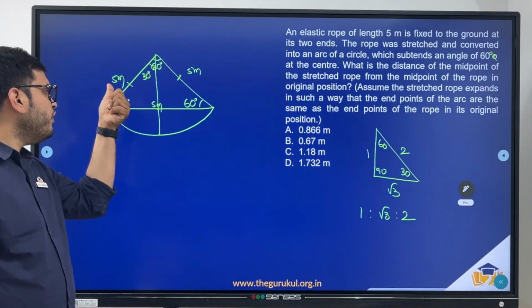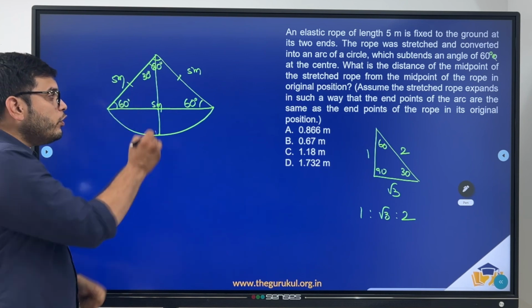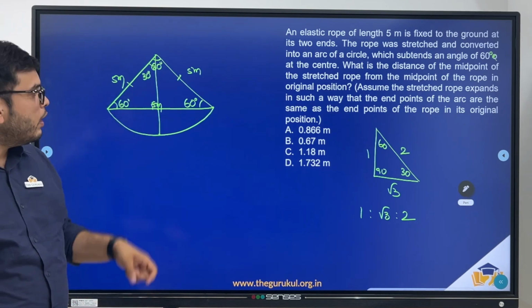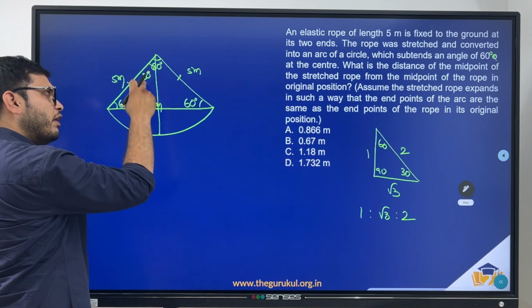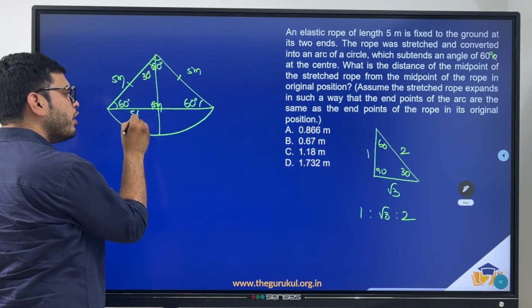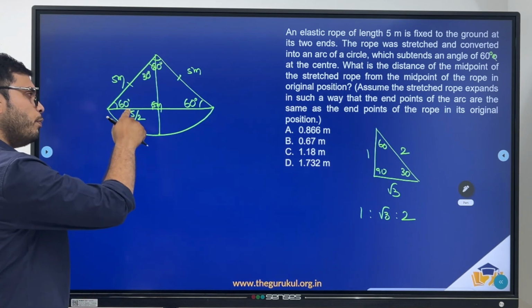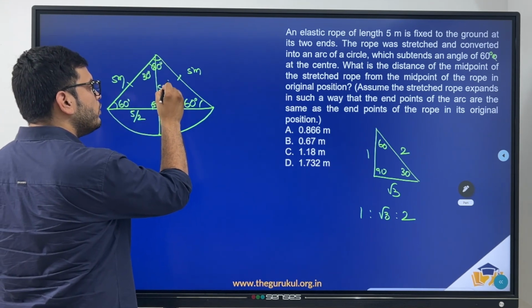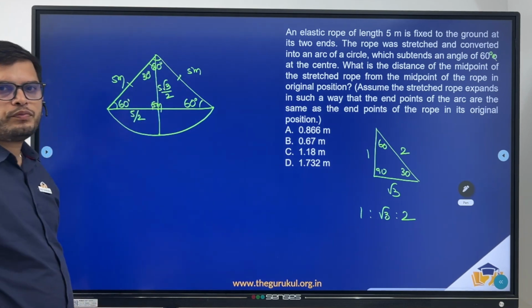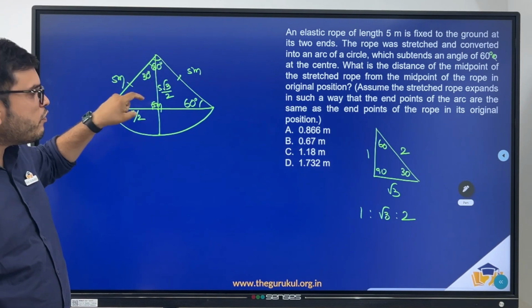Now here we have the length of the side opposite to 90 degrees, which is 5. Now if this is 5, the length of the side opposite to 30 degrees should be 5 by 2, and the length of the side opposite to 60 degrees should be root 3 times this, so 5 root 3 by 2, right? Now the length of this part is 5 root 3 by 2.